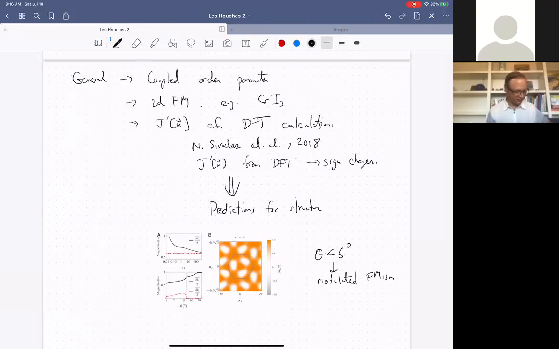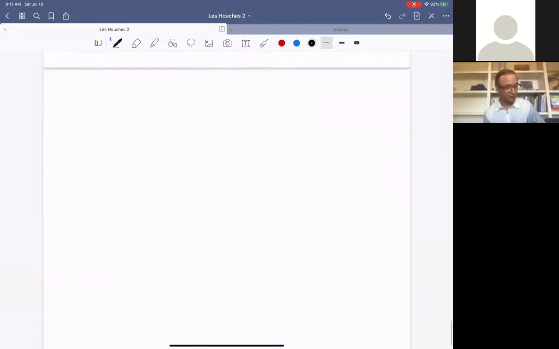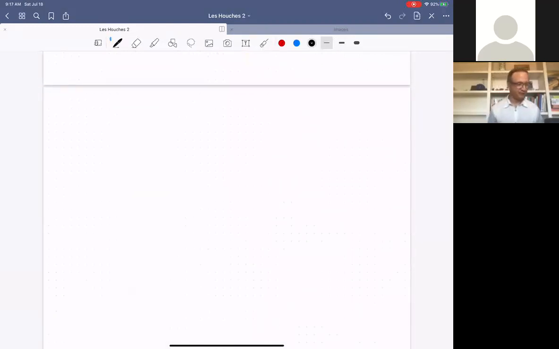I'm going to skip ahead to the conclusion since I'm basically out of time. I had a little bit more material about these zigzag phases, but we'll skip it. And I'll just summarize.